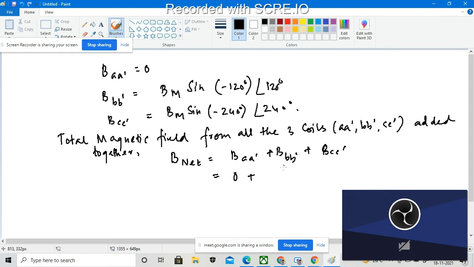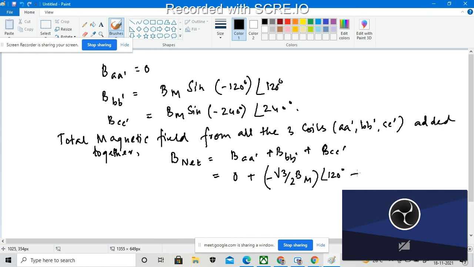Okay, then put the values of B dash. Sine of minus 120 degree, what will be the value? Minus root 3 by 2. So minus root 3 by 2 into Bm at an angle of 120 degree. That means we are putting the values of sine of minus 120.